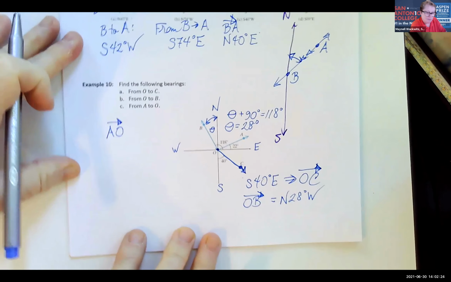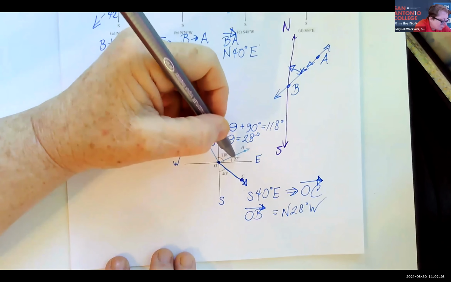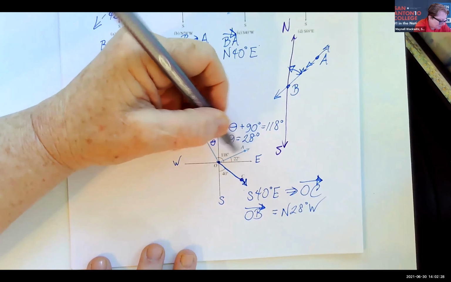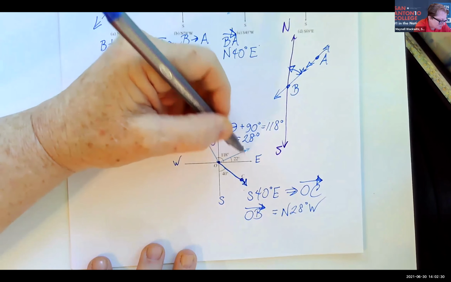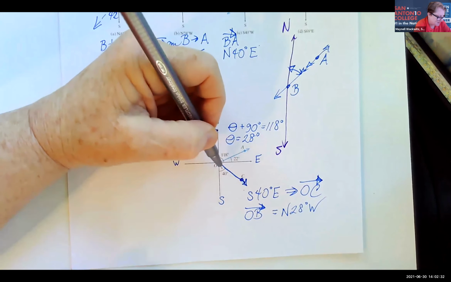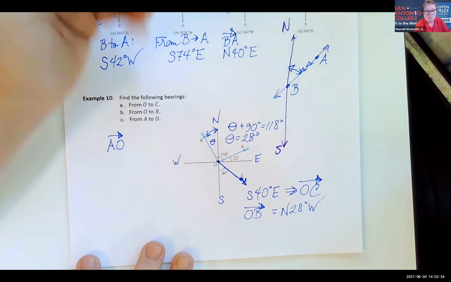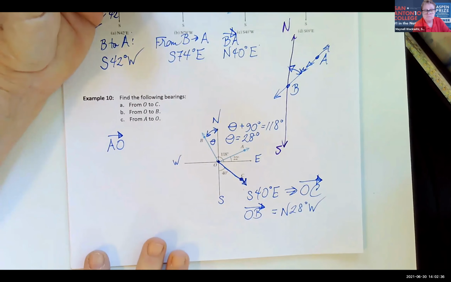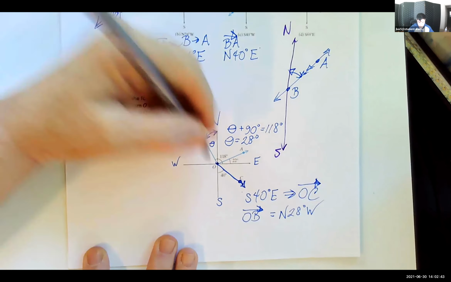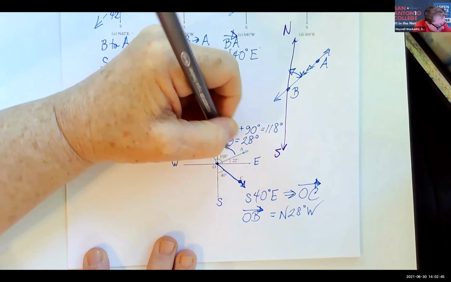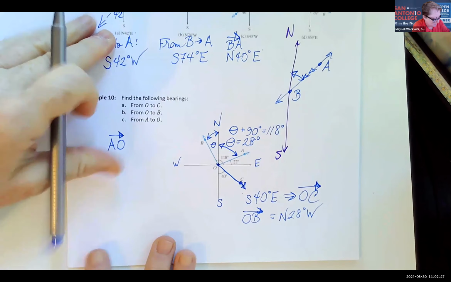What about A to O, where they give us the horizontal angle that OA makes with the positive east axis, but is that the angle we want? No. That's right. I'm going to call this missing part alpha.